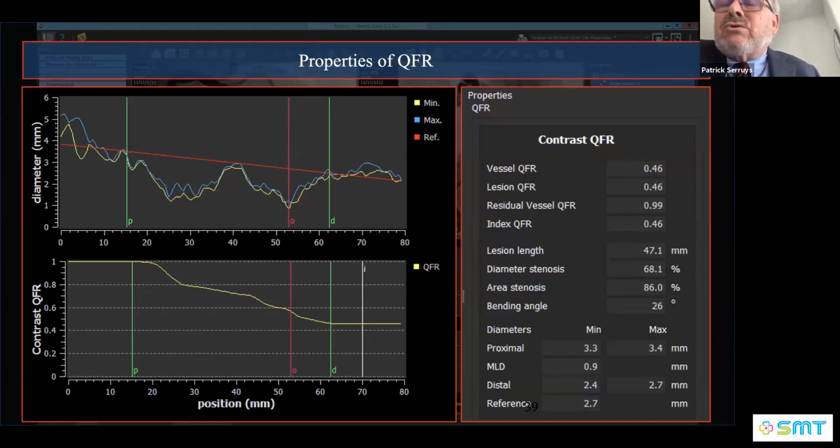But of course, it's an acute judgment. What is very important is the long-term follow-up. And I think I was puzzled by the paper in JACC Interventions by Giovanna Sarno, who is one of our ex-fellows.